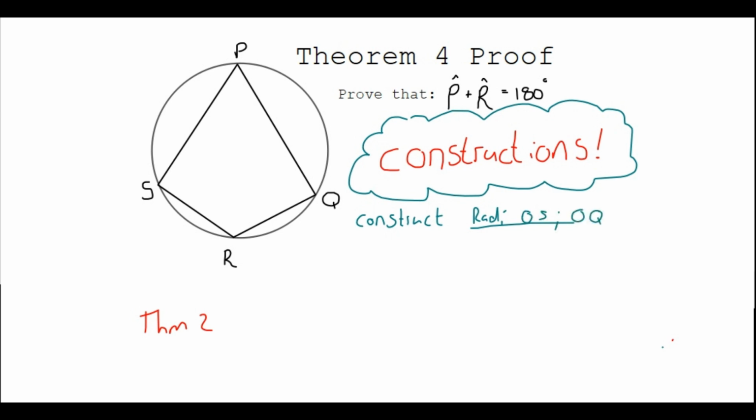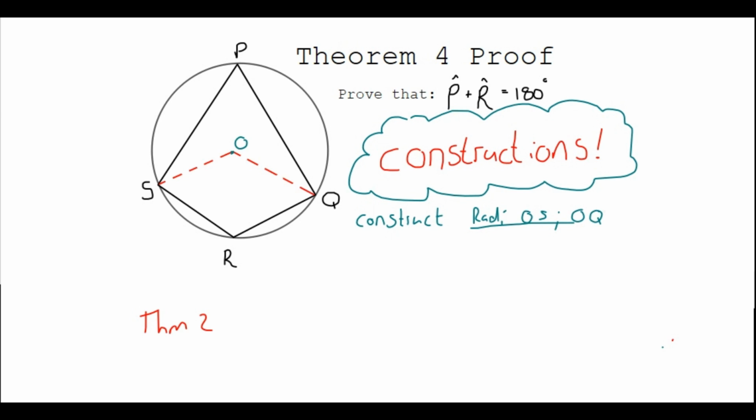We need to find the center point of that circle, label the center O, and draw lines from there to the other two corners of the cyclic quad.